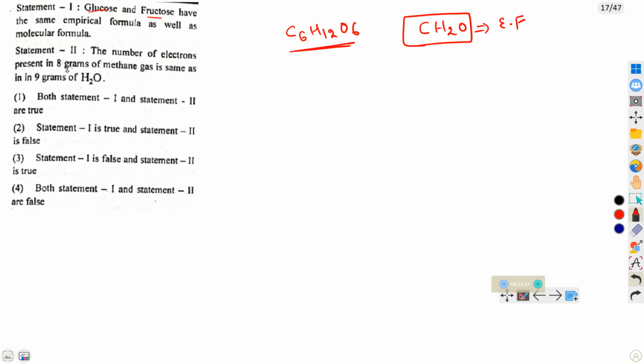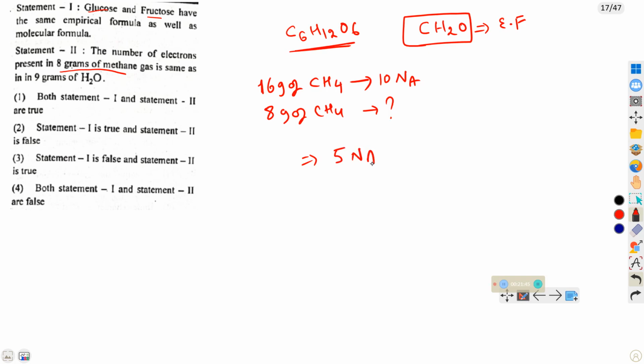The number of electrons in 8 grams of methane. 1 mole means 16 grams of methane, which contains CH4, carbon contains 6, hydrogen contains 4, 10 electrons, 10 into Avogadro number of electrons. Then 8 grams of methane contains how many electrons? 8 into 10 by 16, then 5 into Avogadro number.